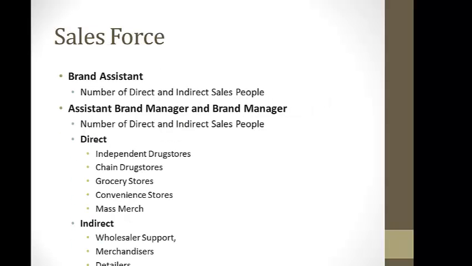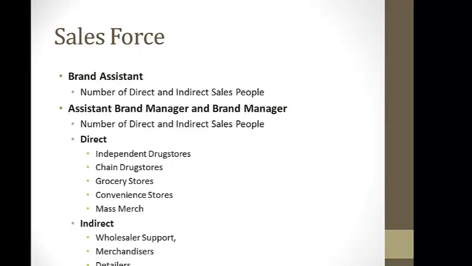We look at the sales force. The brand assistant identifies the number of direct and indirect salespeople. As you move through each of these categories, from brand assistant to assistant brand manager to brand manager, for each of these decisions you'll continue to make those choices, and then once you move to the next level, you get additional choices added onto it.